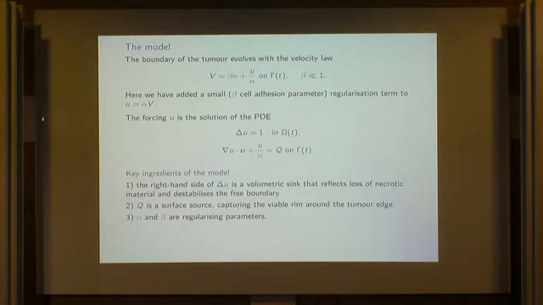But coupled to that in this problem is the Q on the right-hand side of the Robin boundary conditions. This is a surface source, so the competition between surface source and volumetric sink brings around these instabilities and gives us the standard tumour growth that we're going to see. And alpha and beta are our regularizing parameters.